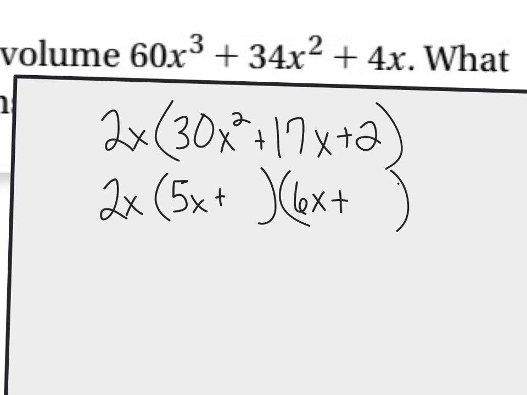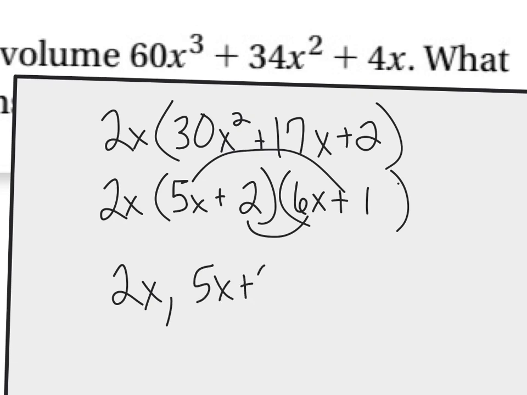I know I can't put the 2 with the 6 because that would give me a GCF there, so I'm going to put it this way, try 2 and 1, and there's 12 plus 5 is 17, so we got it on the first try. So it says what expressions can represent the dimensions, so it would be 2x, 5x plus 2, and 6x plus 1.